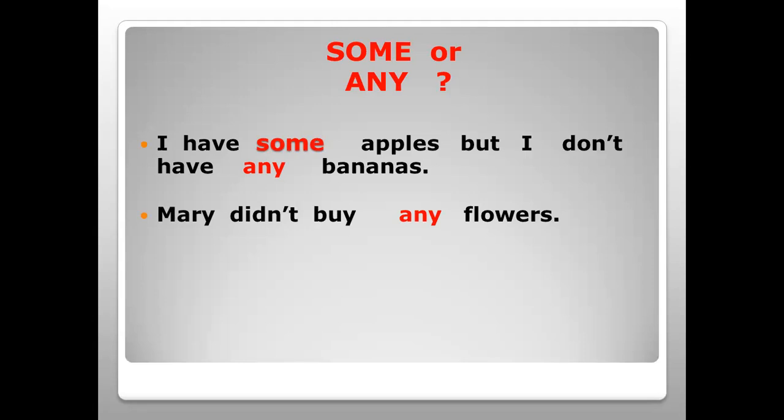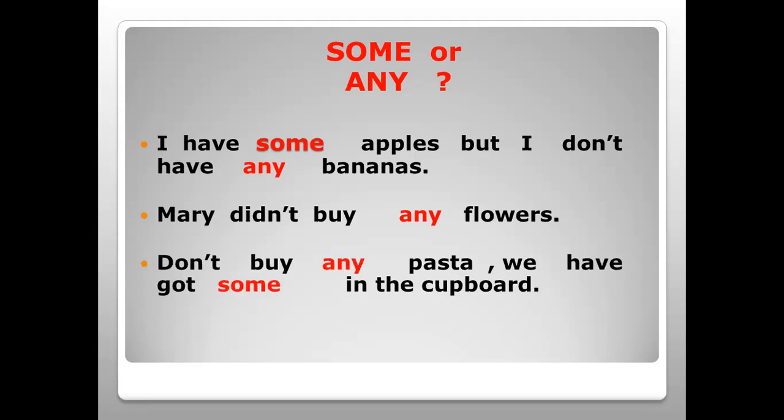Of course, didn't is negative, so we will choose any. The last sentence, don't buy any pasta. Don't, it's a negative, so we will choose any. We have got some in the cupboard.